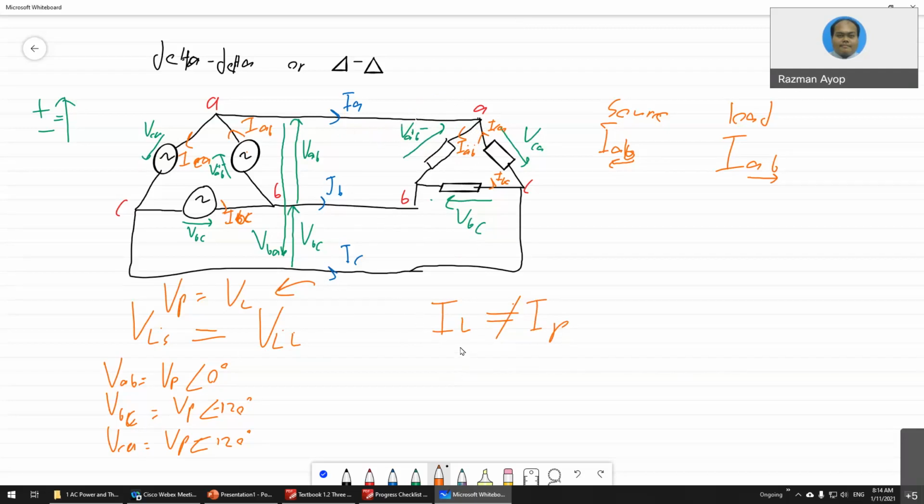So the first thing you have to do is calculate the phase current based on the load. So IAB is equal to VAB divided by Z. This is because it is a balanced load, so all of these are the same.